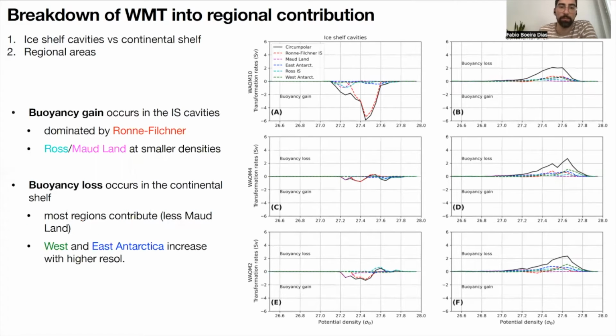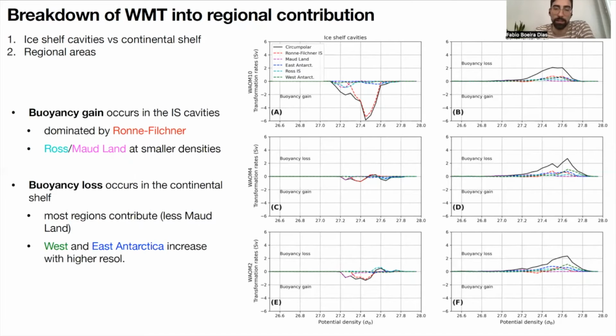And what you find is that the buoyancy gain is occurring under the ice shelves, which is associated with the meltwater and production of Ice Shelf Water, whereas the buoyancy loss occurs on the continental shelf part, and that's related with the salt input and the formation of High Salinity Shelf Water.